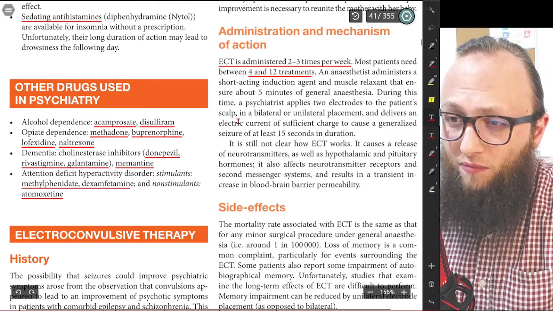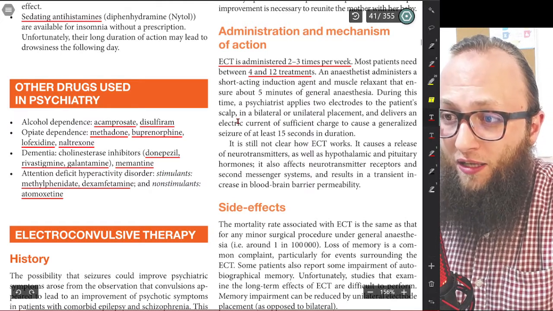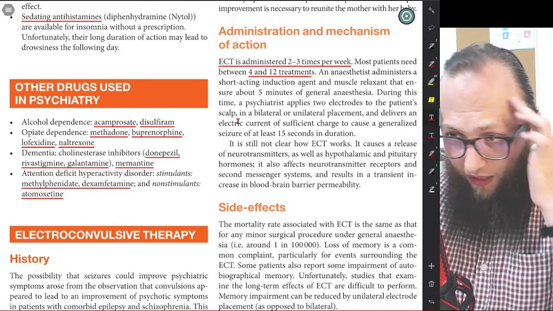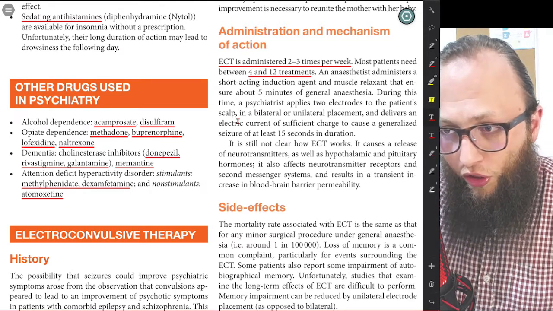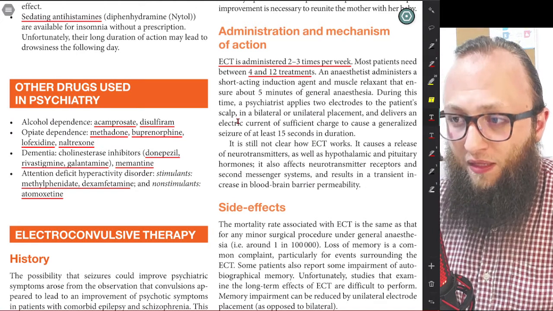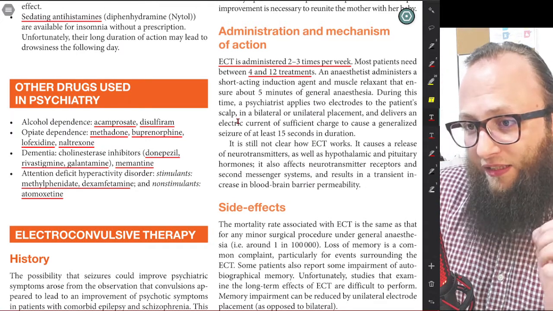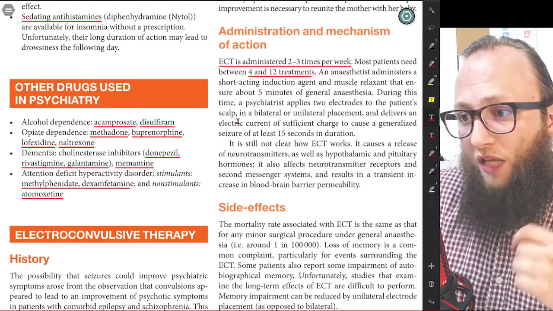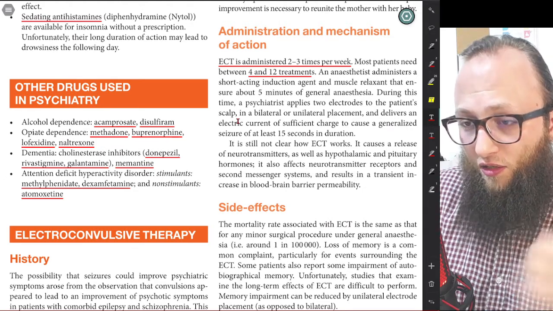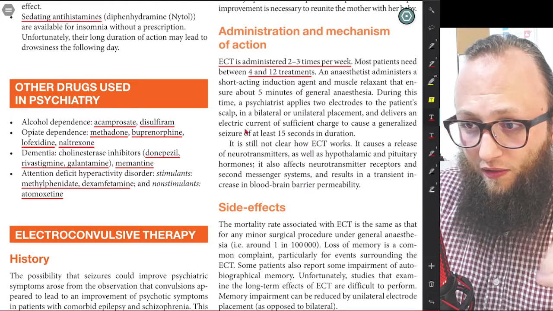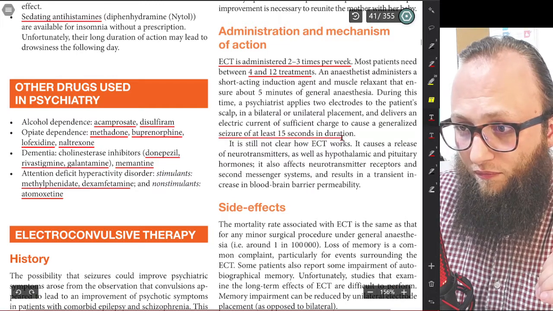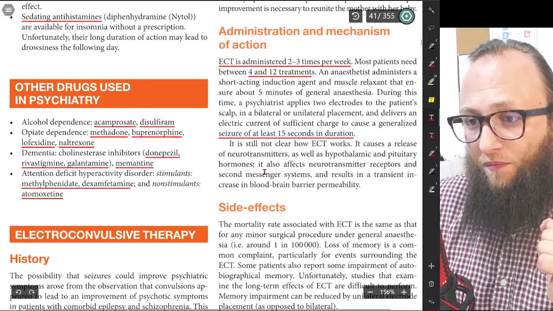During this time, a psychiatrist applies 2 electrodes to the patient's scalp in a bilateral or unilateral placement and delivers an electric current of sufficient charge to cause a generalized seizure for at least 15 seconds in duration.